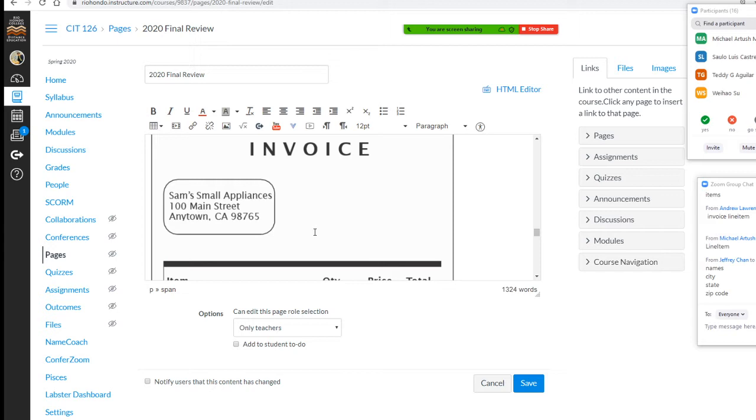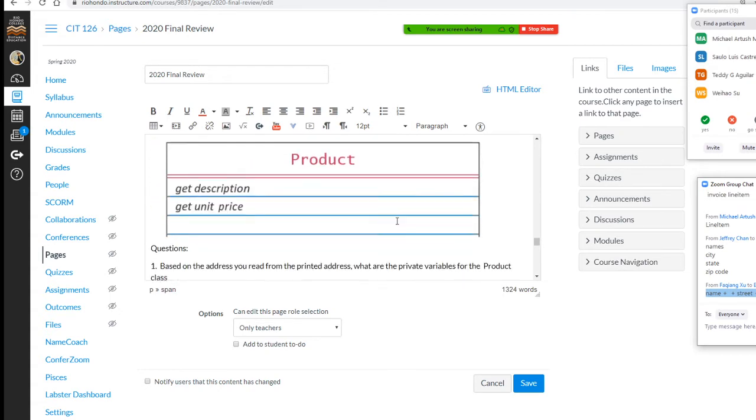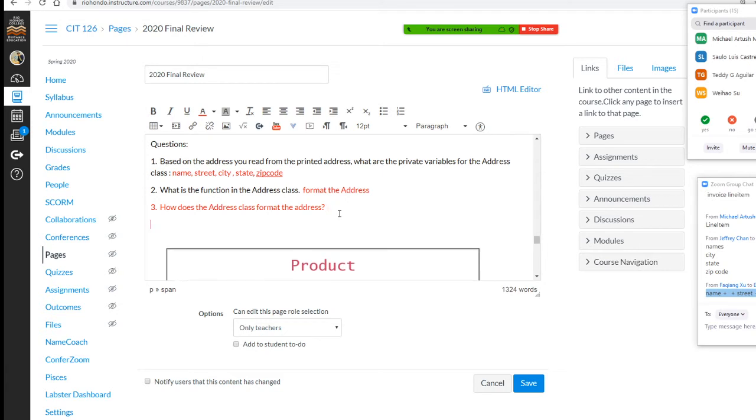How did you format it? What are you supposed to format it with your class address? Fa Chang, good. Fa Chang is the name, and after Fa Chang you just put \n.